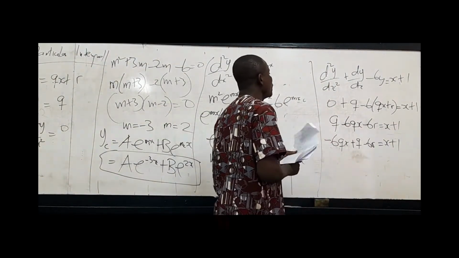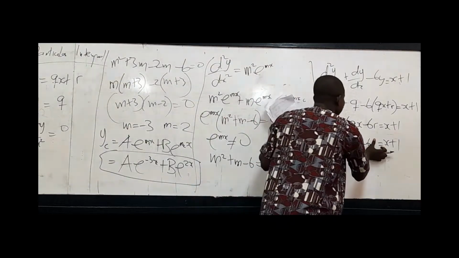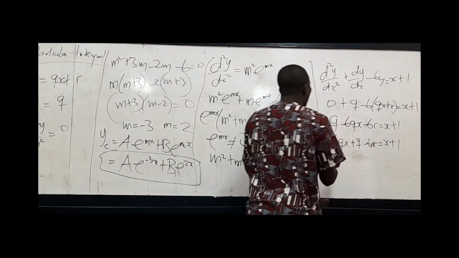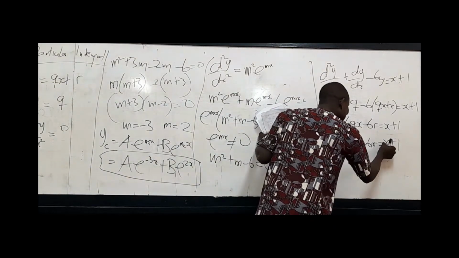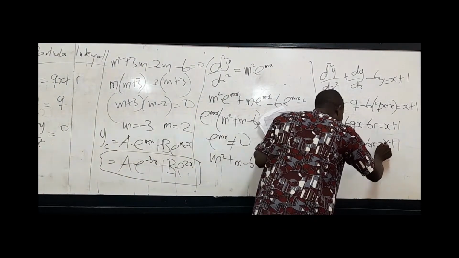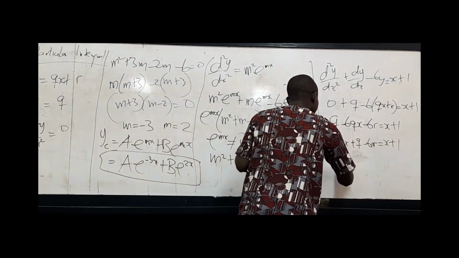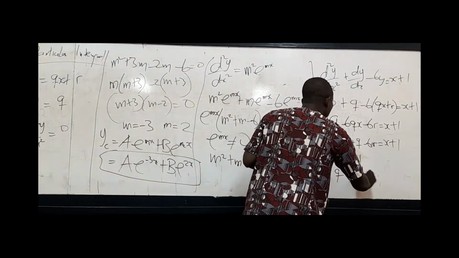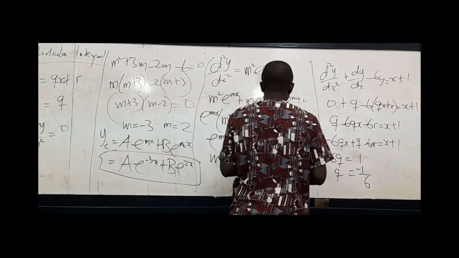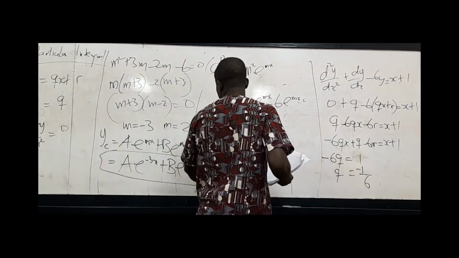Now I want to compare coefficients of those that are bearing x. The number attaching x on the right is 1, so negative 6q is equal to 1. So q is equal to negative 1 over 6. That is our q.